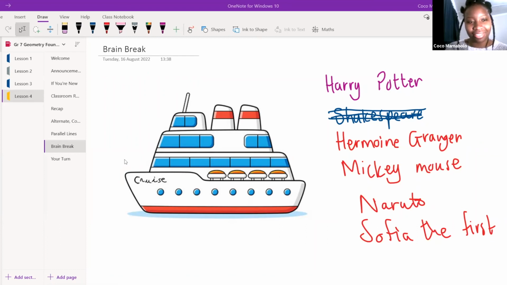Teacher Kat, do you think you've got it? All I know is it has to do with characters. Yes, absolutely. It needs to be a character, but it needs to be a fictional character. So Shakespeare unfortunately can't come because he's not a fictional character.